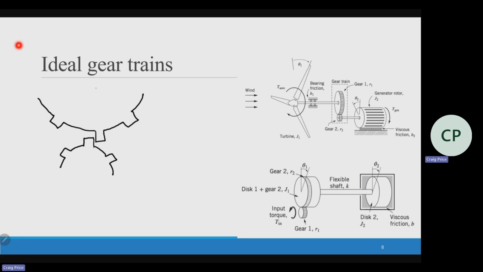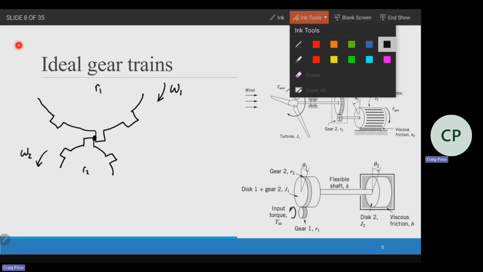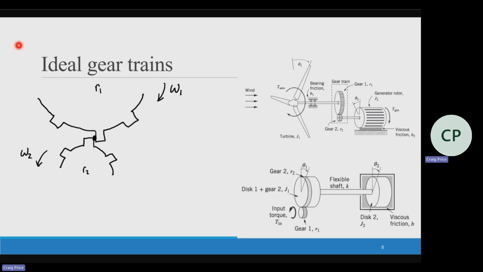So if I've got this is my R1, this is R2, there's a contact force here. And let's say this thing is spinning, this is my omega 1. That's going to make this one spin this way. So omega 1, omega 2.